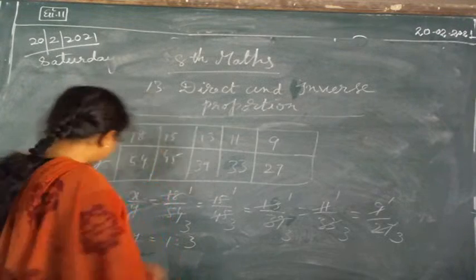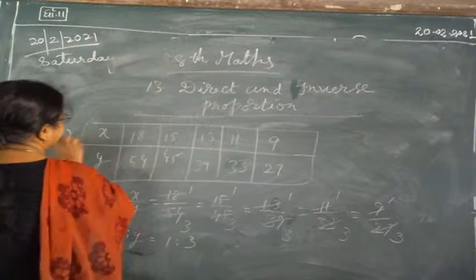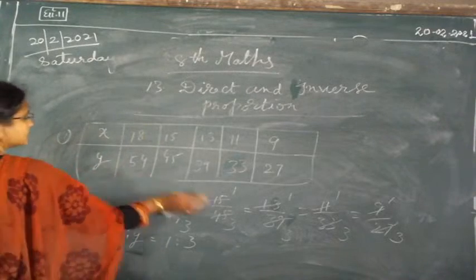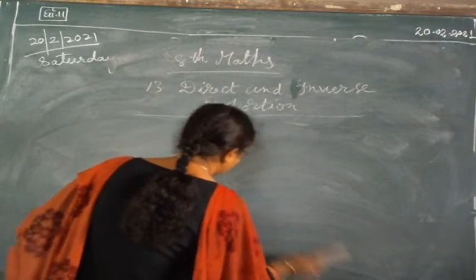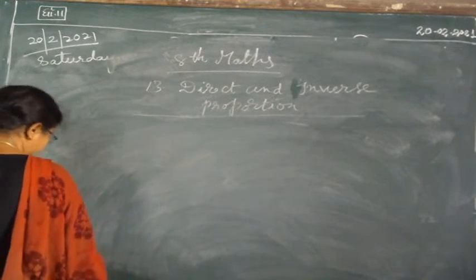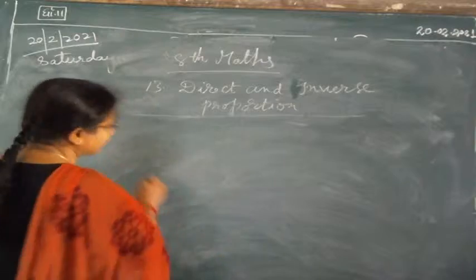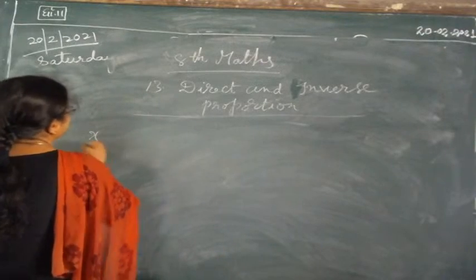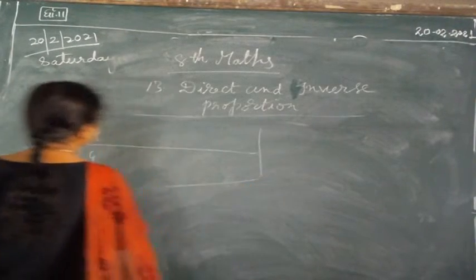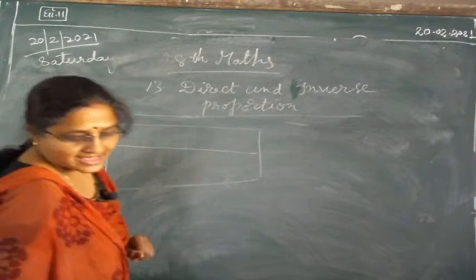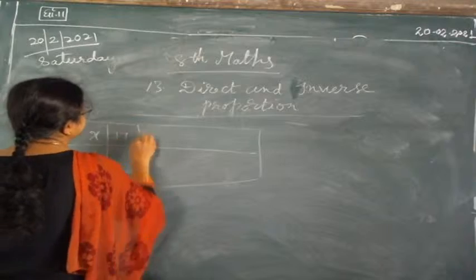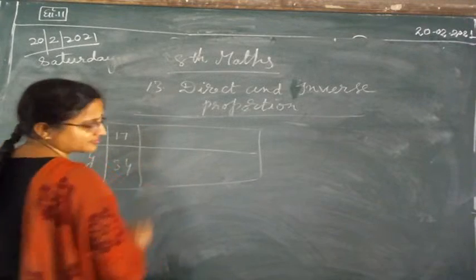Okay. In the same way, one more solution I am telling you. See, here also I have taken one more table. I am writing here x and y, the values of x I have written here. If the value of x is equal to 17, then the y value is equal to 34.